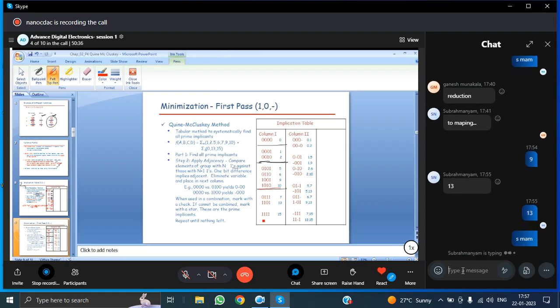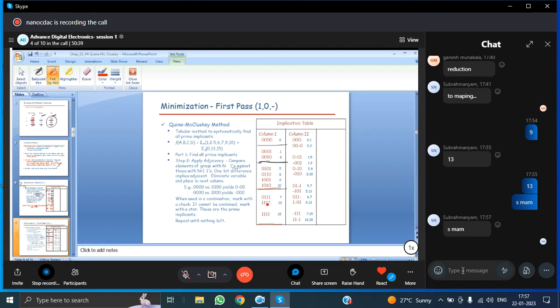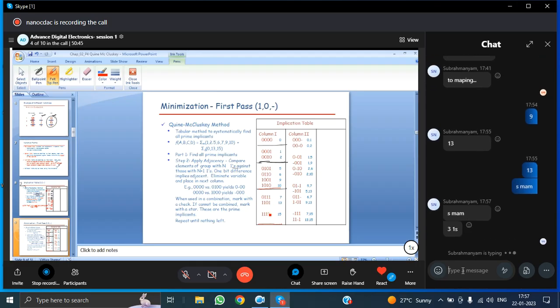Now if you see group 4, tell me what is in group 4, all the min terms are having three 1s. Okay, 7, 13, 15, if you see 7, 13, 15, all three 1s are there. Okay, so in column 2 what I am doing is I am just checking. Okay, so this is group 1, group 2, group 3 and group 4.